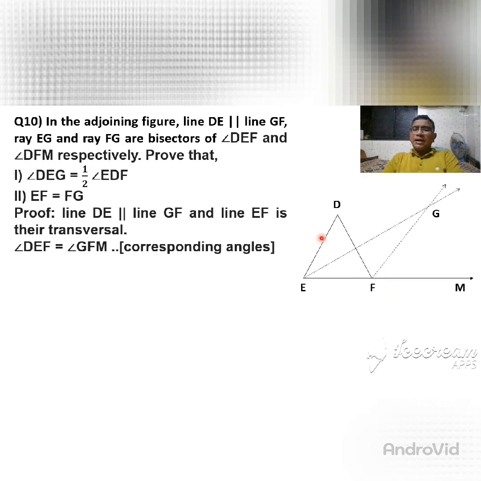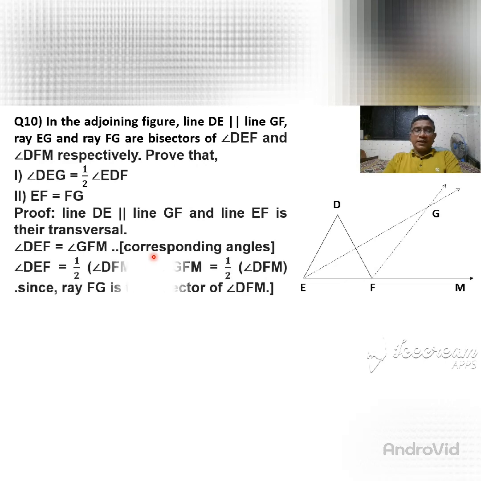What will be the name of that angle? See, DEF. So this is the DEF angle. The corresponding angle at F, the name is GFM. So DEF and GFM. So these E and F corresponding angles are congruent. So it is written angle DEF is equal to GFM, corresponding angles.